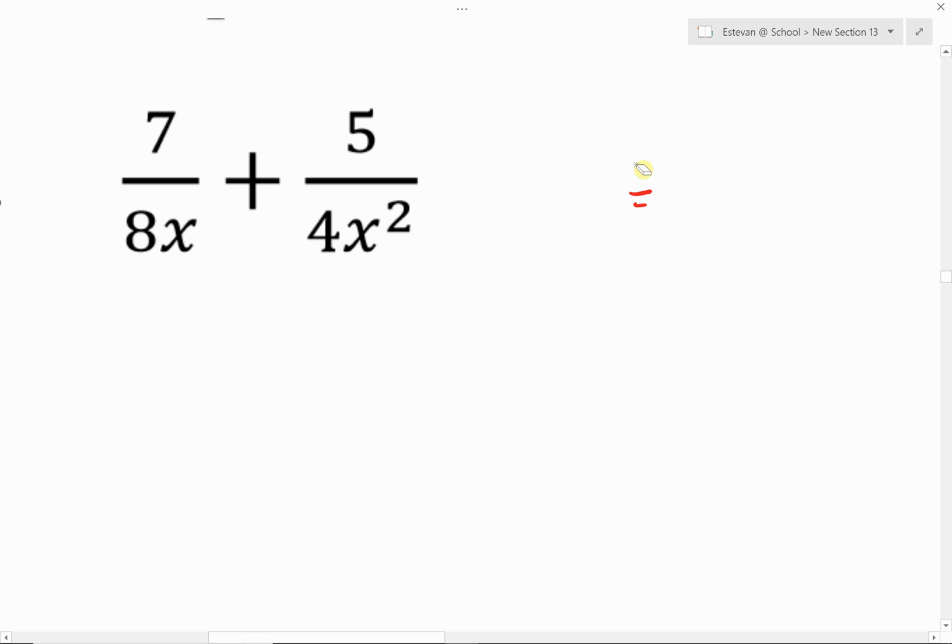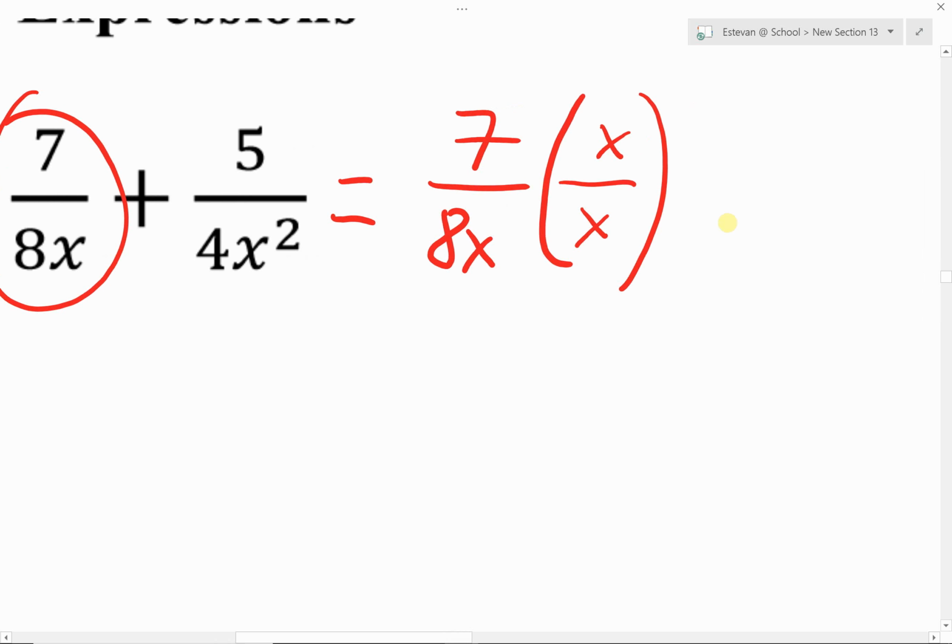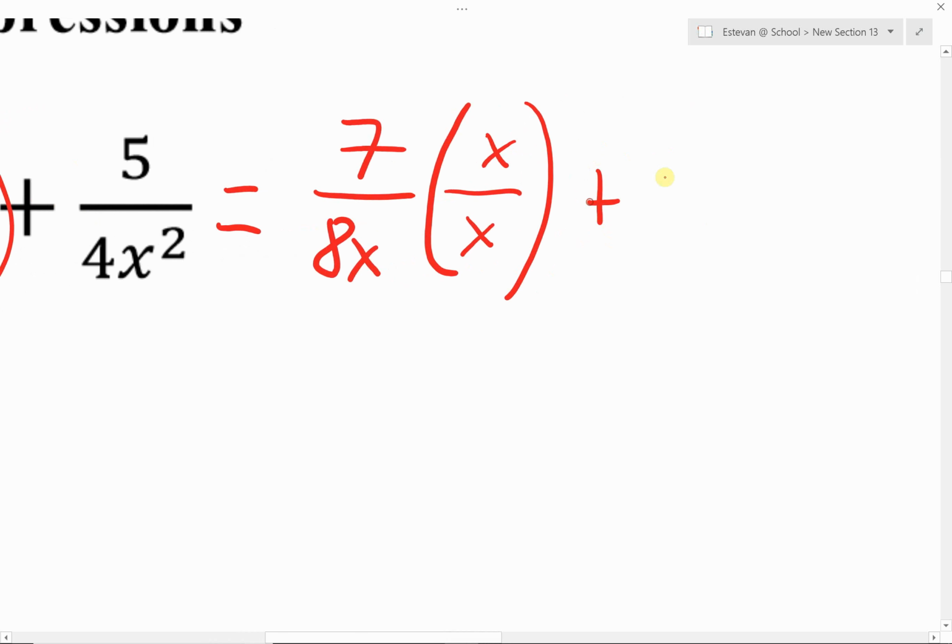So I'm going to just erase this right here for extra room. So equals the first fraction, 7 over 8x, and I'm going to multiply this by x on the top and x on the bottom. Next one, it's going to be plus 5 over 4x squared.